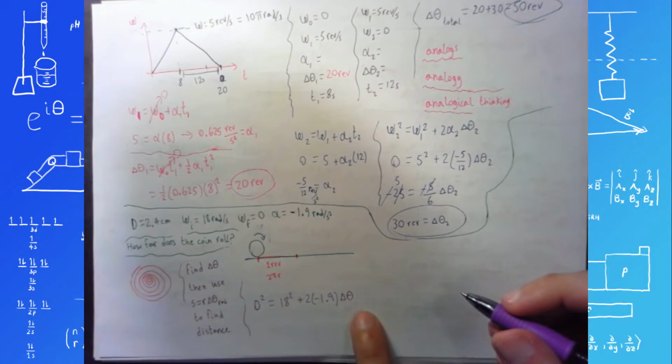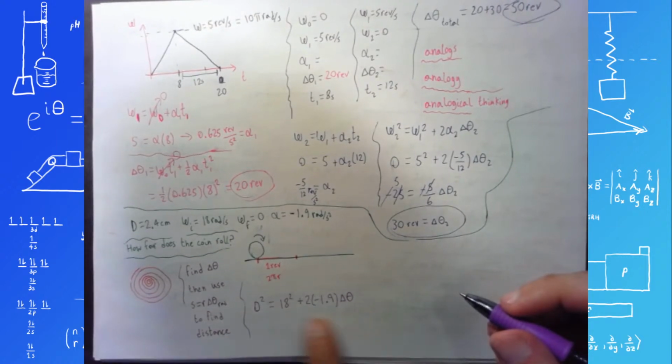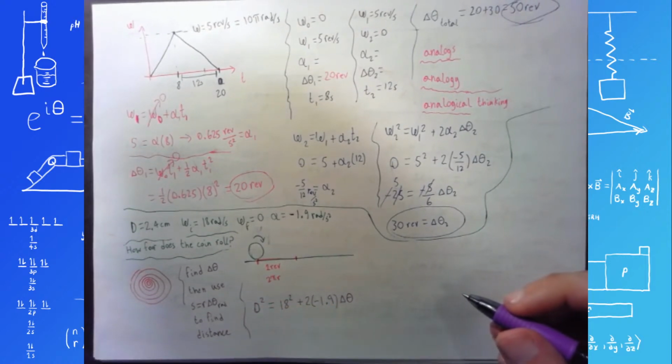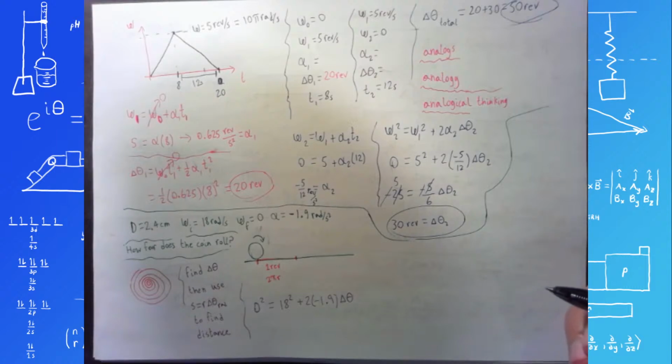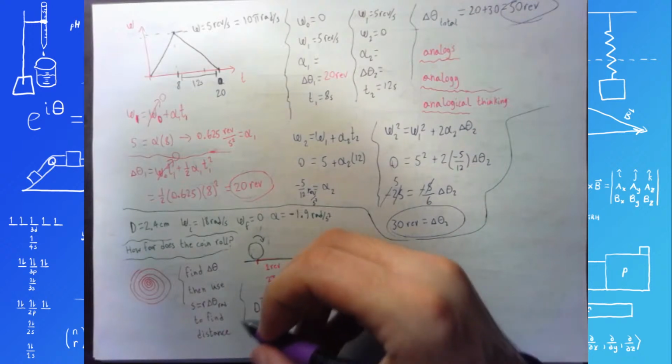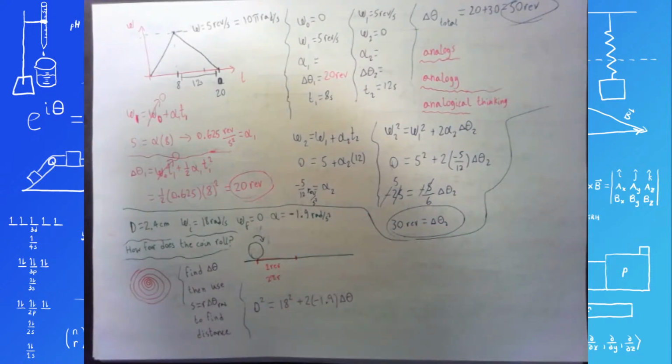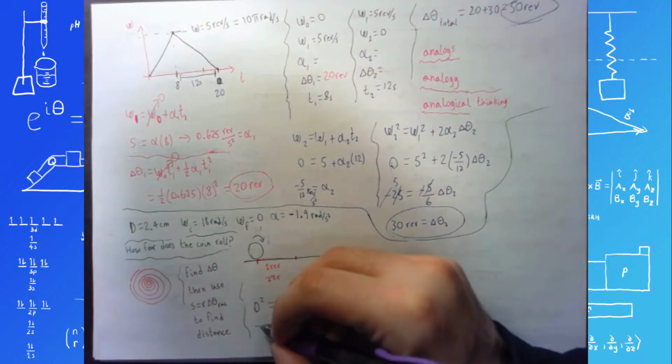This delta theta is going to come out in radians because everything else was radians as well. So 2 times negative 1.9 is negative 3.8, and 18 squared is 324, so negative 324.